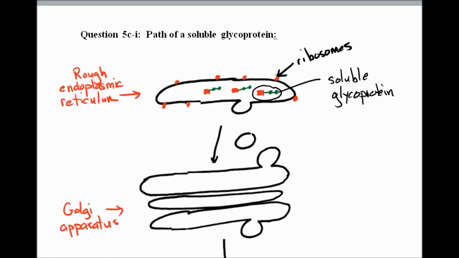It now gets packaged, and when it gets packaged, it goes into a vesicle. And if it was in the lumen of the ER, it is going to be completely within the lumen of the vesicle. I'm just showing one here as an example.